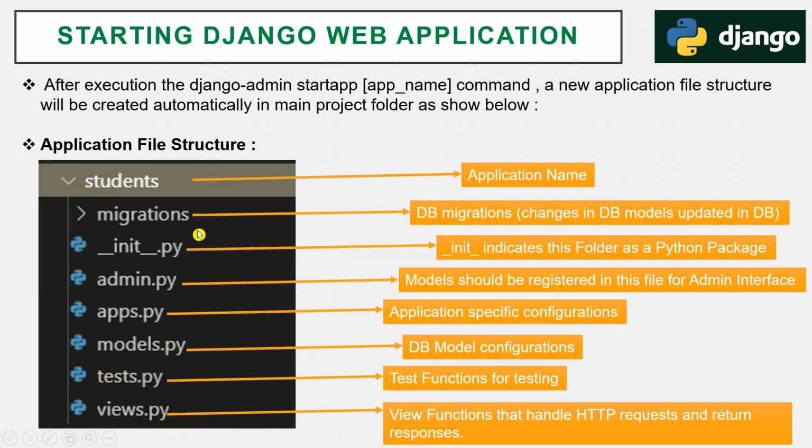First one, migrations. This is a folder which contains database related items. What it tells is DB migrations: changes in database models are updated in the DB. That means every application has its own data which was designed and modeled.